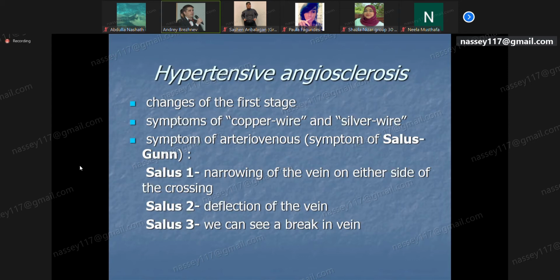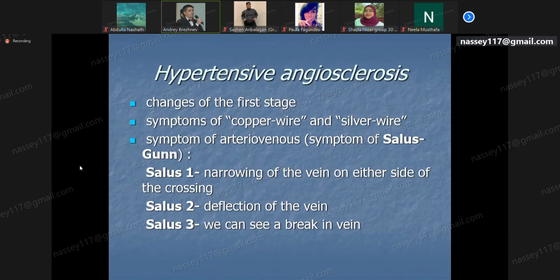The so-called symptoms of copper wire and silver wire. It is an arterial reflex because of hyalinosis in the first case and obliteration in the second case. Symptoms of arteriovenous crossing are also typical in this stage. The so-called symptoms of Salus and Gunn.